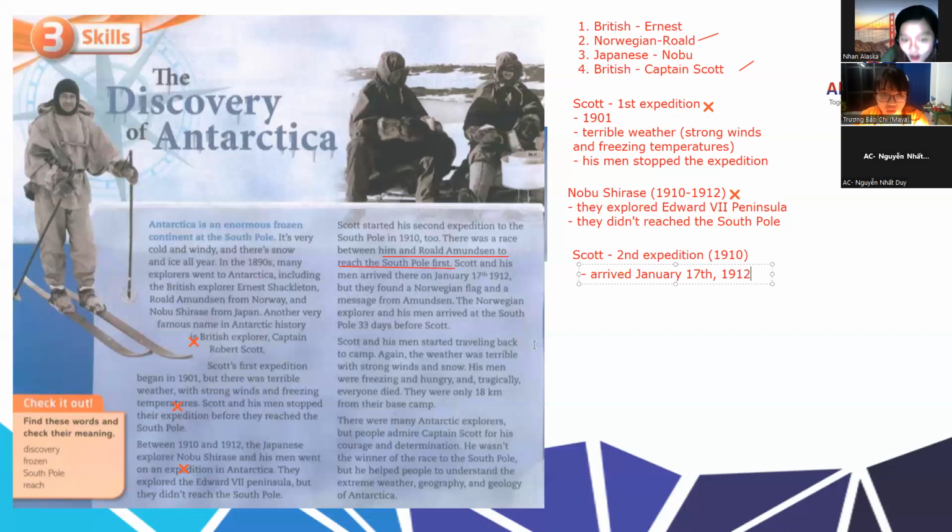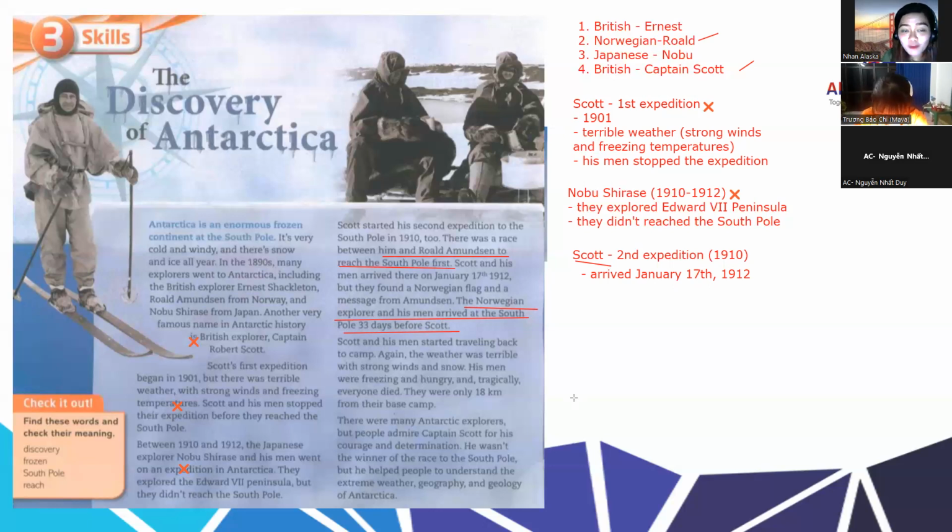Why? Because when he went there, the Norwegian explorer and his men arrived at the South Pole 33 days before Scott, meaning Roald Amundsen is the first one. And then after 33 days, here comes Scott. So Scott is the second one.